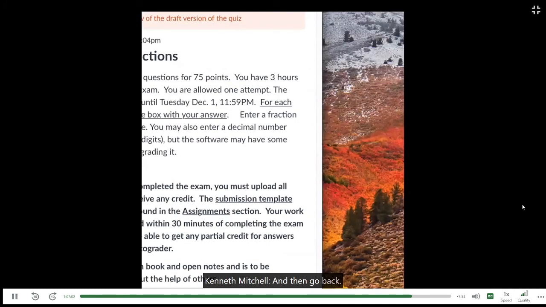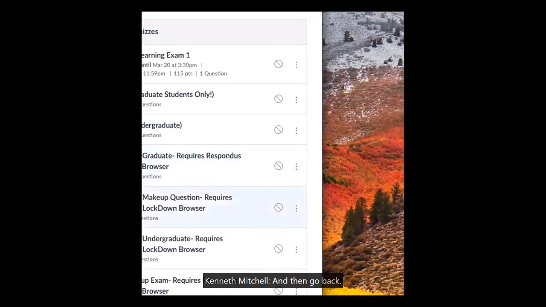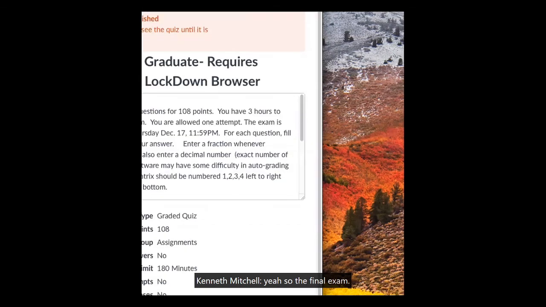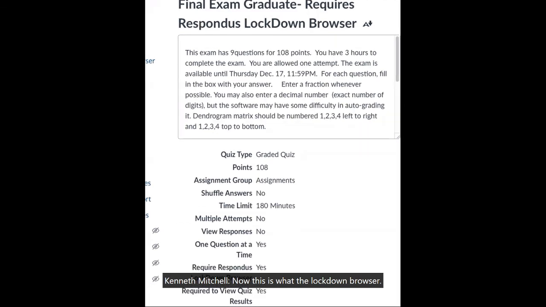And then I'll go back to the final exam. Now this is with the lockdown browser.